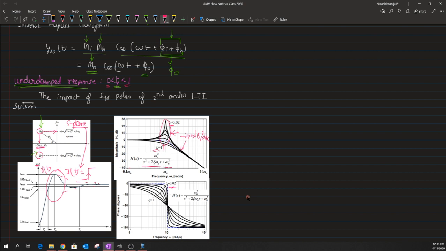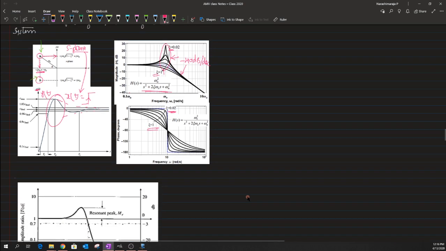But as we relax the value of zeta to a much larger value, then the rate at which the phase changes will have a gentler slope. And that is what has been pictorially represented over here. All these discussions have already been done, but it is just a quick review that I am trying to make. Hope this review is helpful to you.